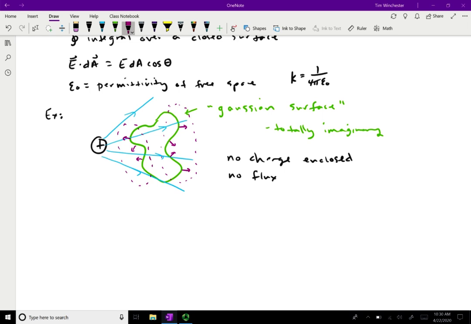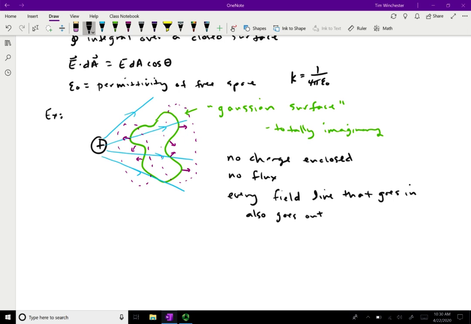Okay, so the total flux has to be 0 by Gauss's law, and the way that works is that any field line that goes in has a little bit of negative flux at that point, but then it also goes out. Okay, so every field line that goes in also goes out. Okay.